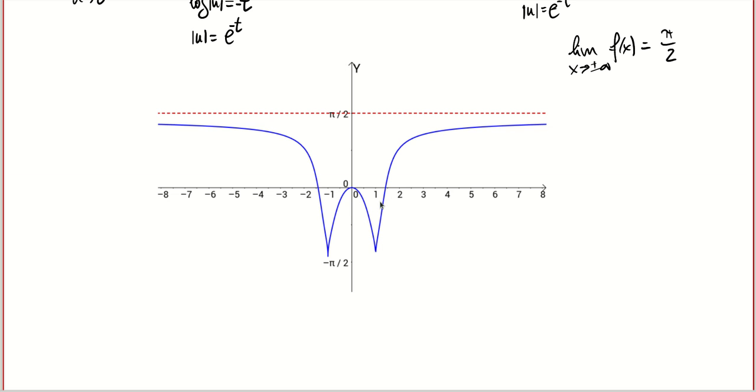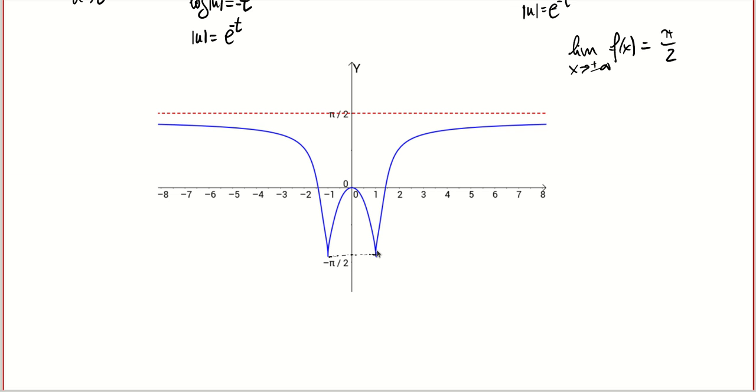The function, as I said, is equal to, let me just make it a little bit more stringent here. So it's equal to minus pi half at the points 1 and minus 1. Well, it's not equal to that because the function is not defined there, but the limit is well defined, and the limit is exactly this value, right?